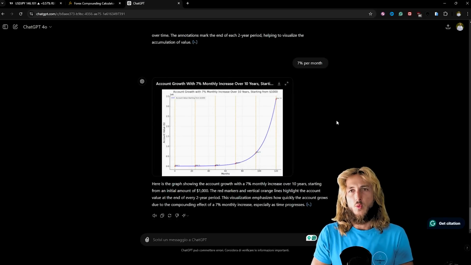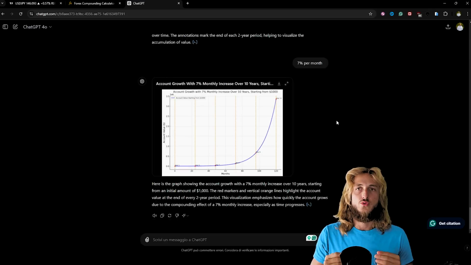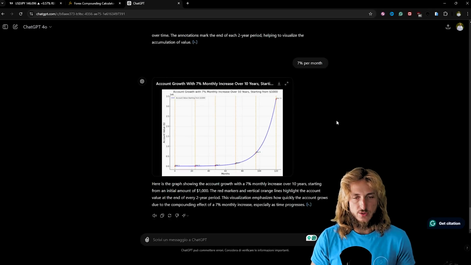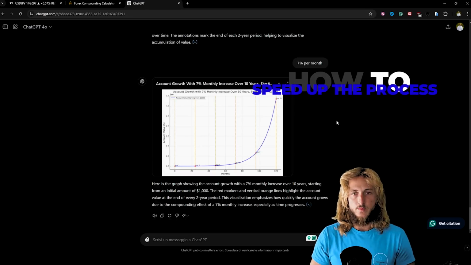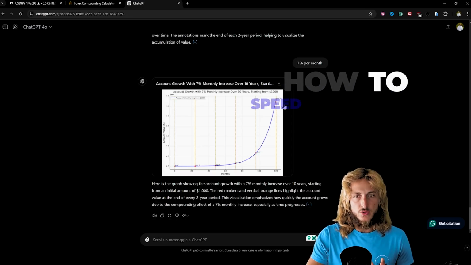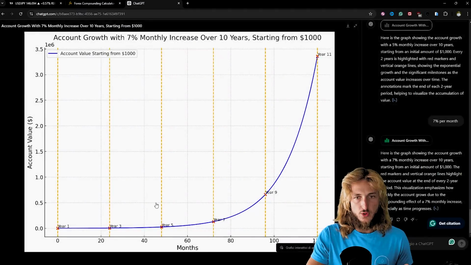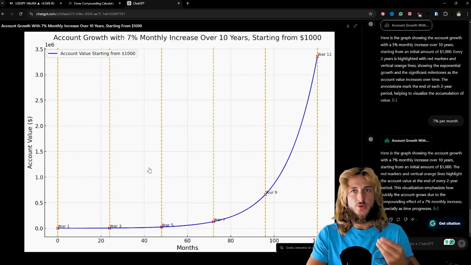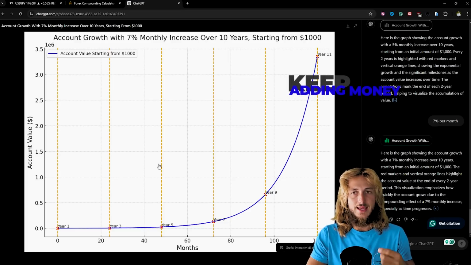Now, obviously, let's assume you have a system which can bring this. An easy way to get to the compounding part where you really start to see the effect as quickly as possible is doing, for example, contributions to the account. So you continue depositing when you have money into the system.